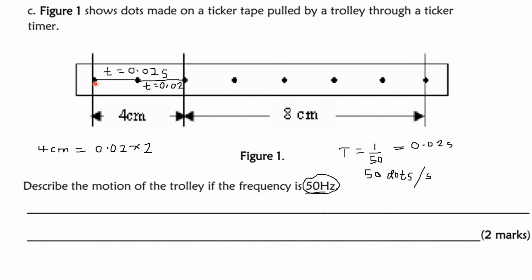There's interval 1, then interval 2. The time to cover one interval is 0.02 seconds, so the time taken to cover two intervals is 0.02 seconds times 2. That's why we are multiplying by 2. So this will take 0.04 seconds.